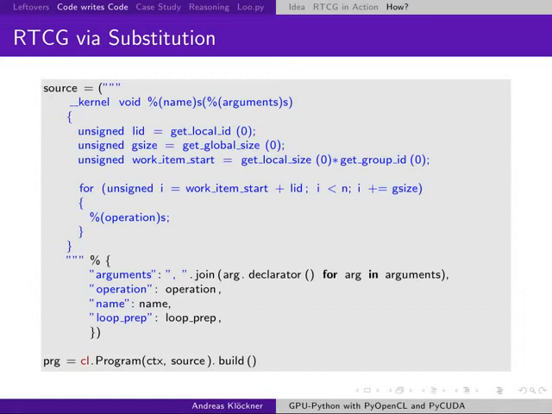Can you think of a practical example in which generating a text tree would be convenient? Yes. For example, this is what is behind the element-wise array evaluation. Precisely this code. I copied and pasted it right from PyOpenCL.